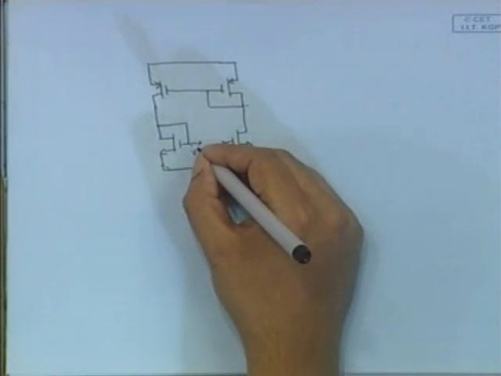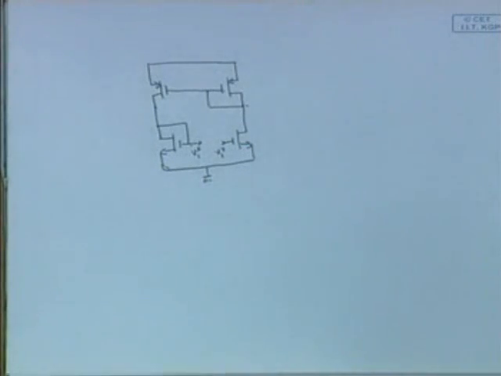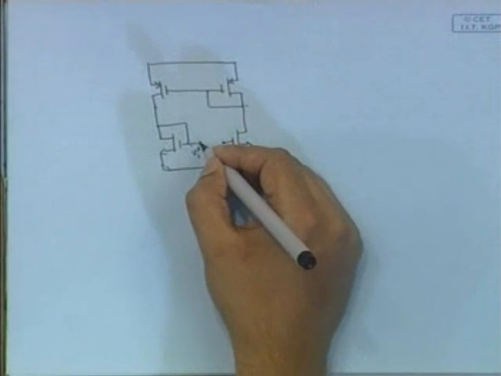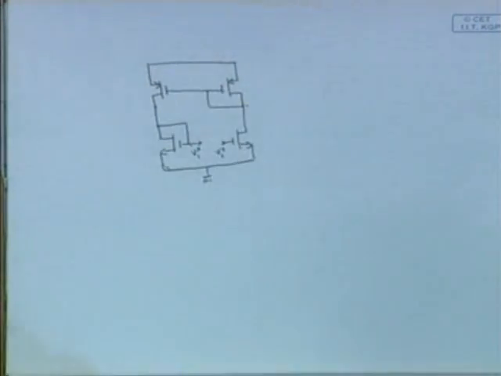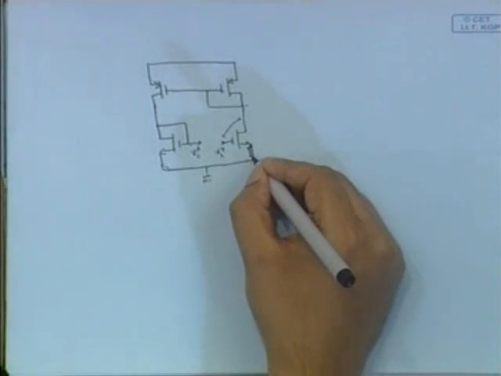Let this be V1x and this be V1y. We will observe what is the gain from V1x to V1y to V1x. What is the gain here? Oh sorry, there is a resistance here.